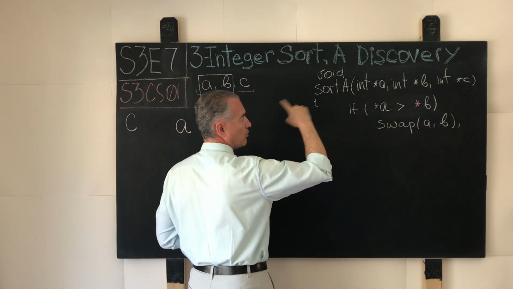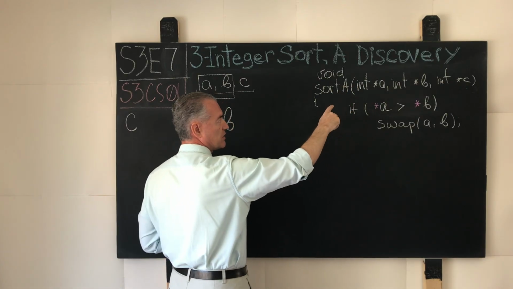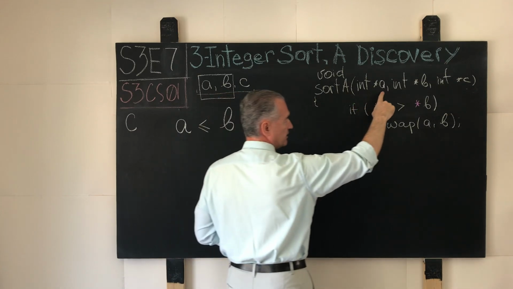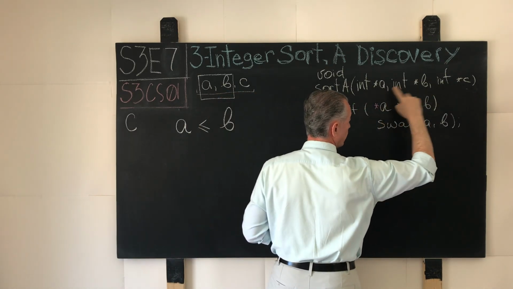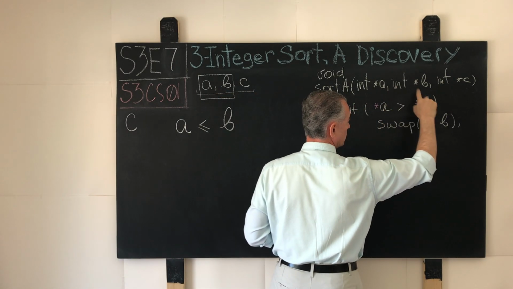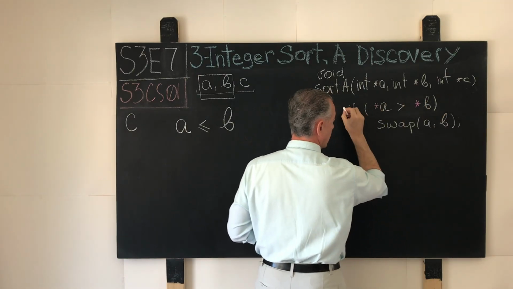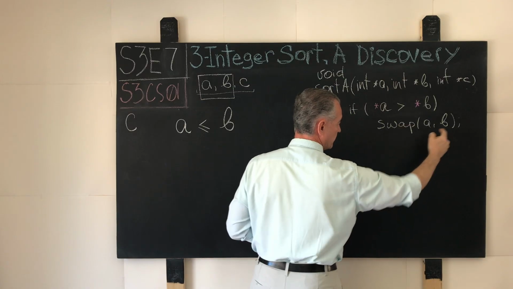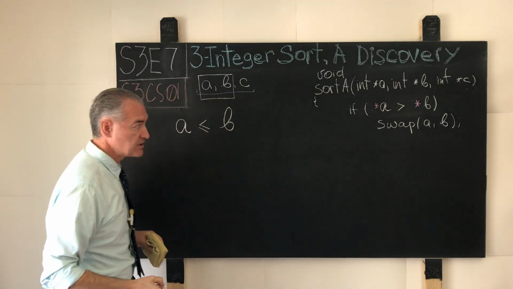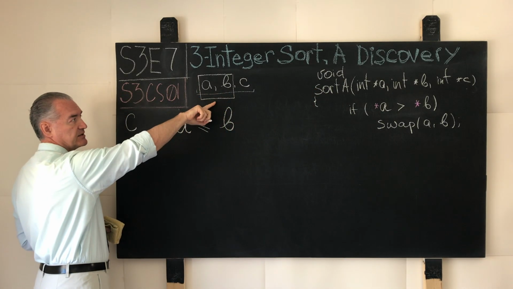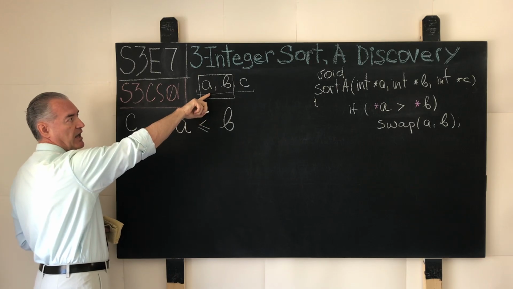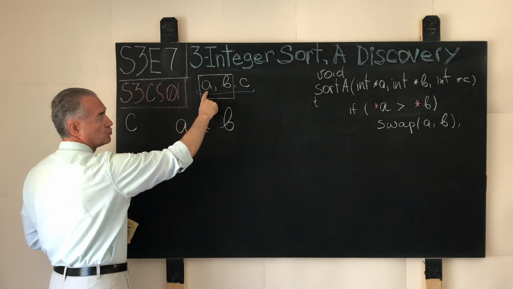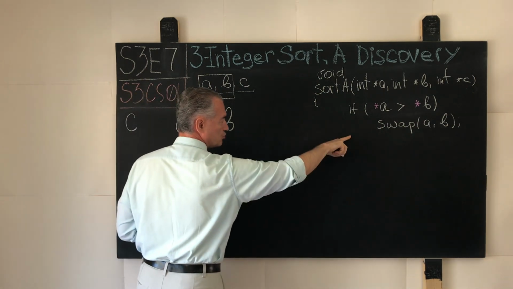I already wired all the needed information in for the function sort A, sort ascending. It takes 3 arguments, 3 pointers to the integers named A, B, and C. In this code right here, if star A greater than star B, swap A and B, precisely corresponds to that act of solving a faithfully reduced copy of the problem, sorting 2 coins. So now here we sorted 2 coins.